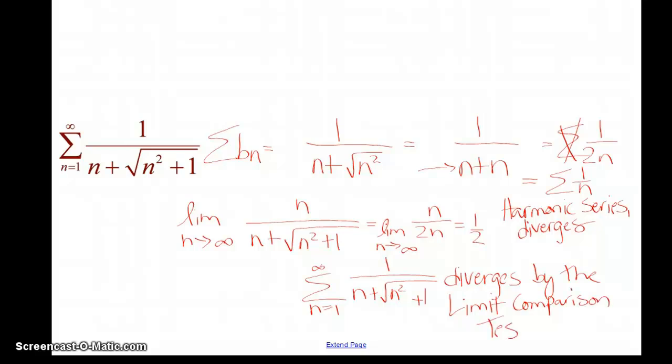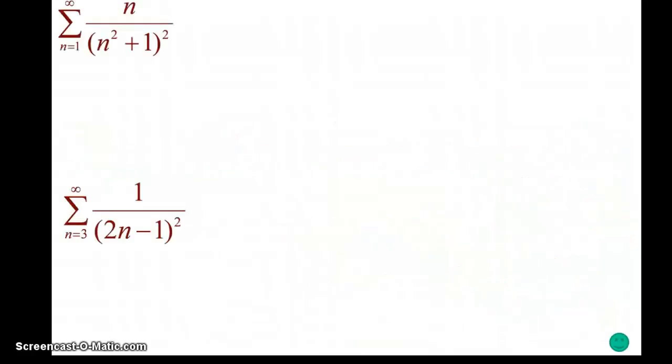You can see how important this step is. If you make a mistake and say that 1 over n plus n is acting like 1 over n squared, then you're going to compare this with a p-series that converges. So your choice of b sub n is super, super, super important. So make sure you become very, very good at that.